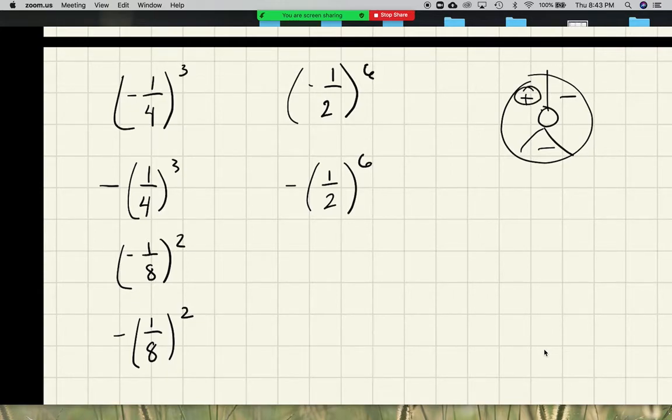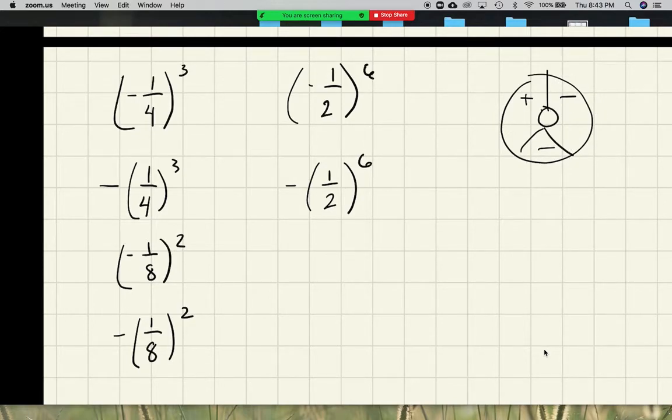If you do a positive times a positive, you end up with a positive. That's just normal. If you do a positive times a negative, you end up with a negative. If you do a negative times a negative, you end up with a positive. That's the whole idea behind this.